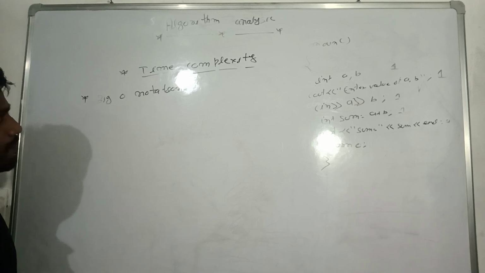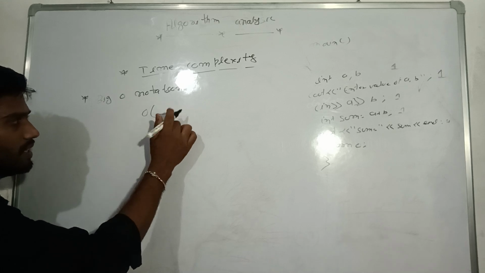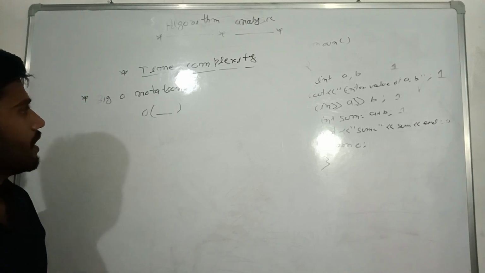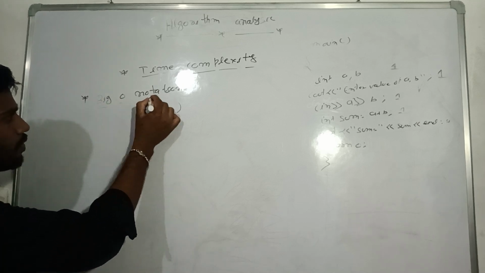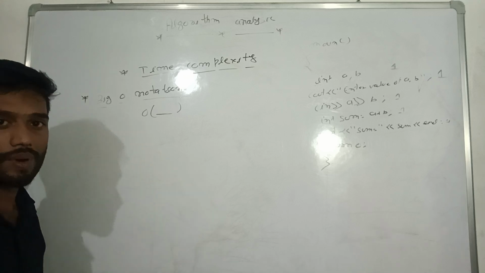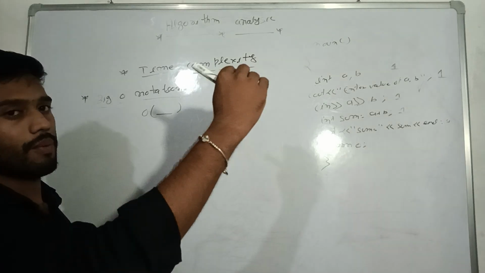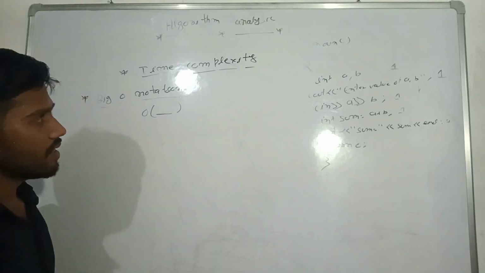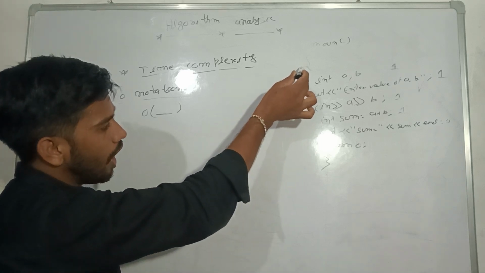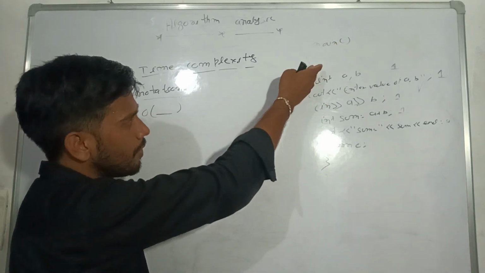Big O notation is read as the order of. The Big O notation shows the upper bound of time complexity, meaning the upper time to execute any program or algorithm. Suppose for this code, how much time at the upper bound will it take?